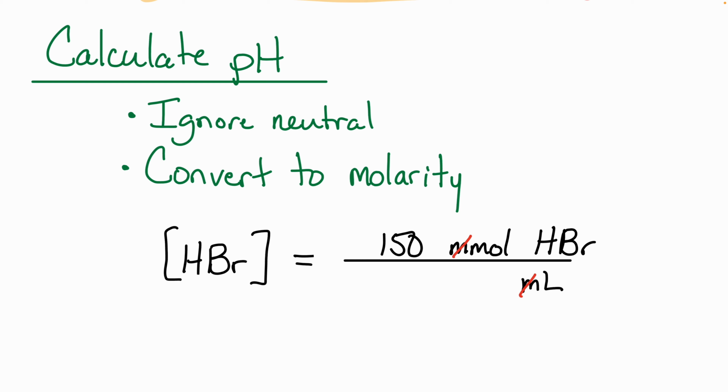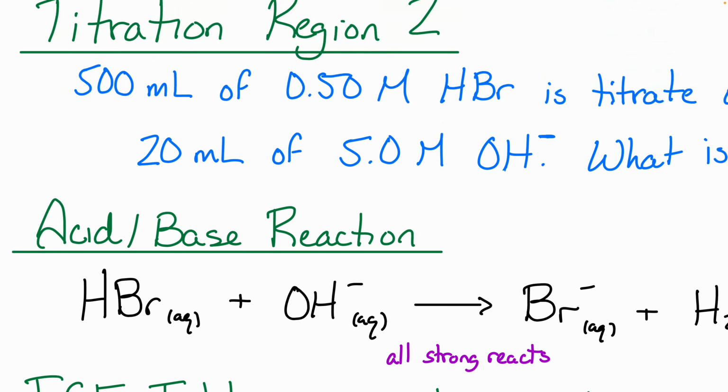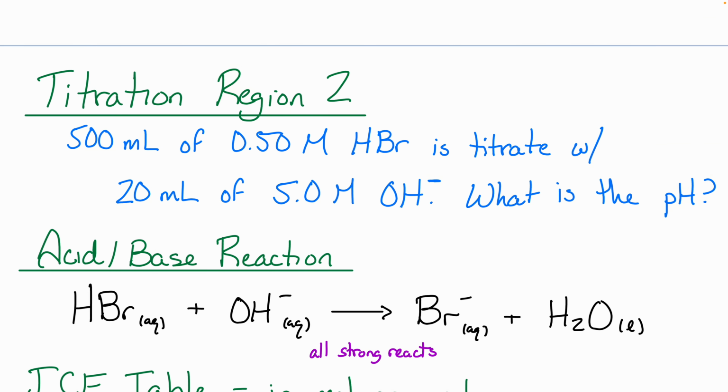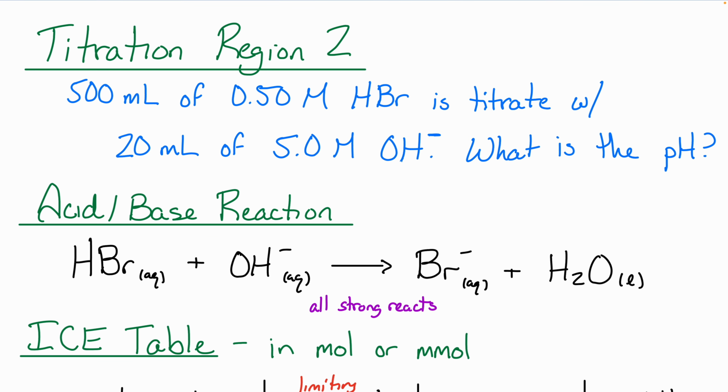All right, going back to our problem and reading carefully here. What is the volume of our solution? We started out with 500 milliliters in that flask, but then we added a whole bunch of titrant to it. We added a volume of 20 milliliters.